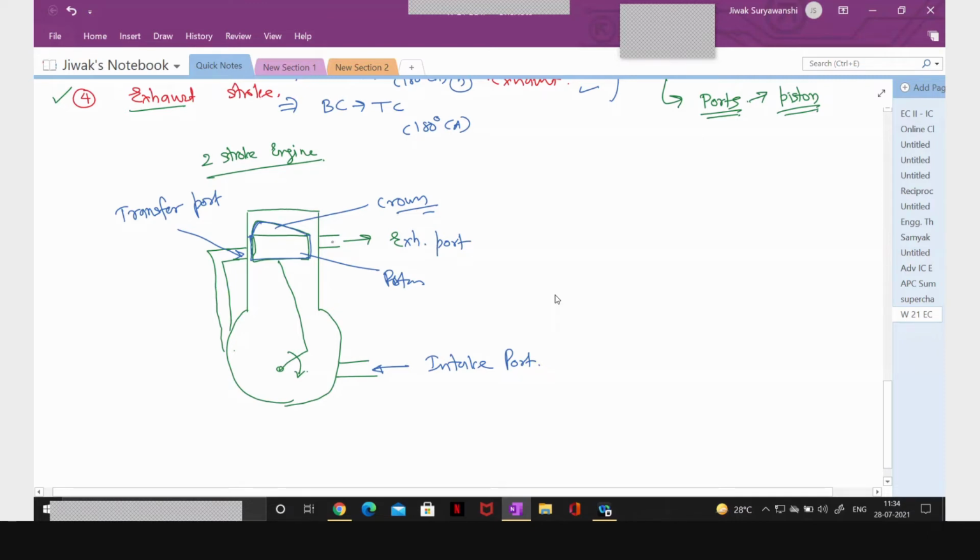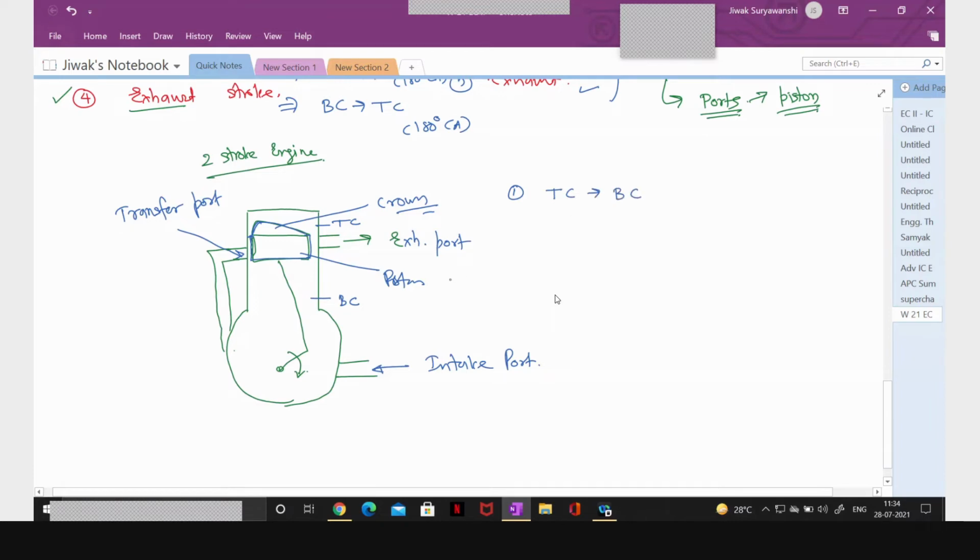And somewhere here is top center, and somewhere here is bottom center. Okay. Now, in the first stroke, the piston moves from top center to bottom center. So what is happening here?